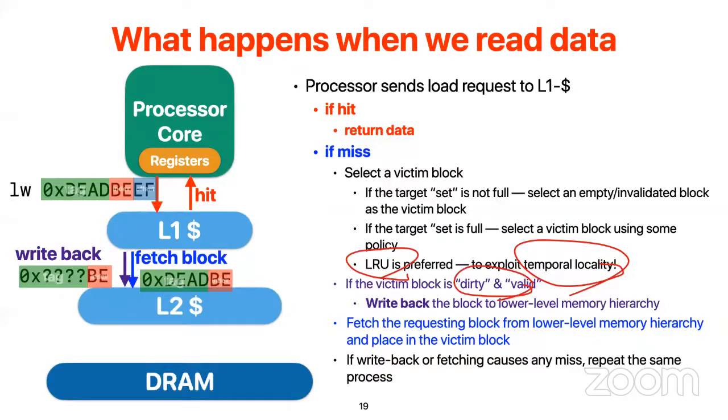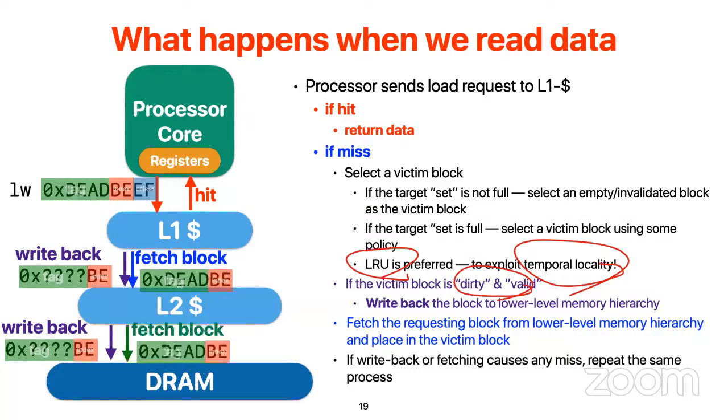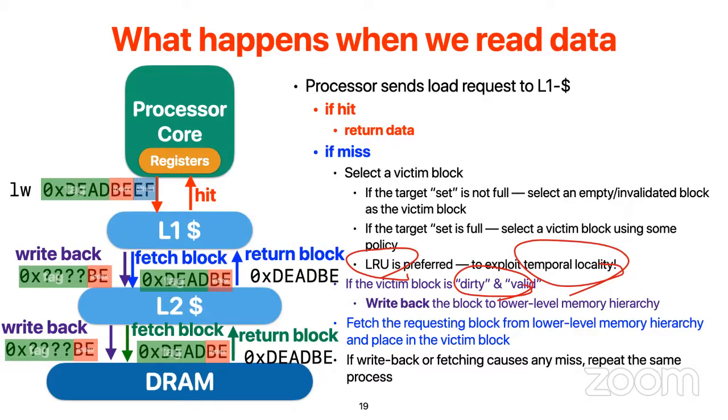There is also a potential that the next level cache doesn't have it, so you have to go to the next level of the memory hierarchy and again write back first and fetch the block. Once you have the block ready, just return it all the way back to the first level of the memory hierarchy. That's the process of accessing your data when it's a read.